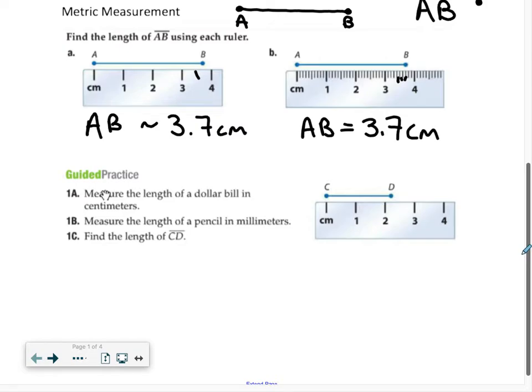So do that in centimeters for 1A, using a dollar bill. Maybe find the measure of a pencil. Don't use millimeters, just use centimeters. And then here use the picture to find the length of CD.